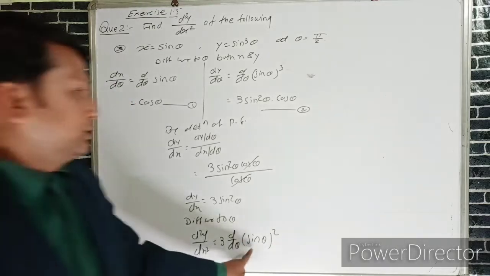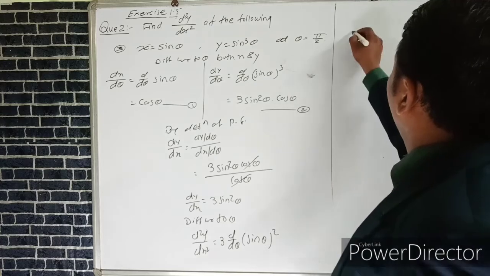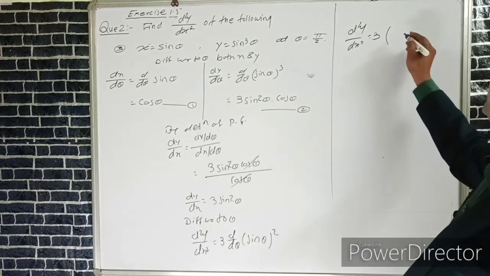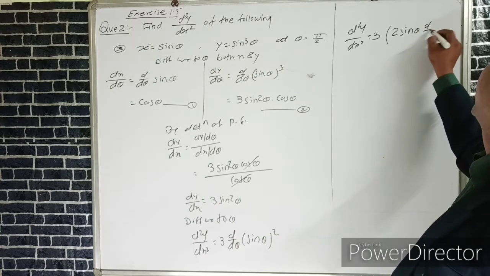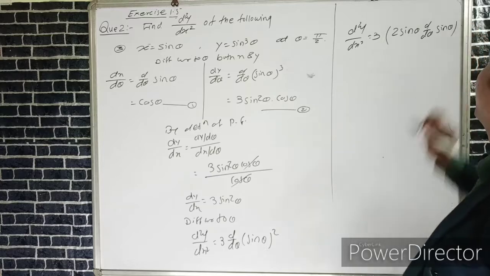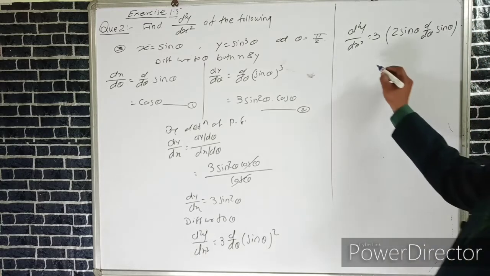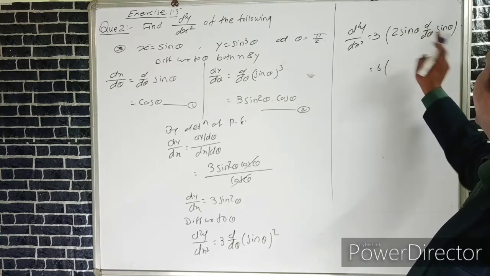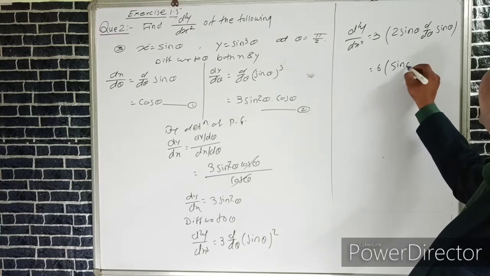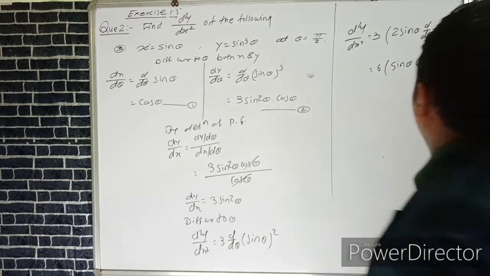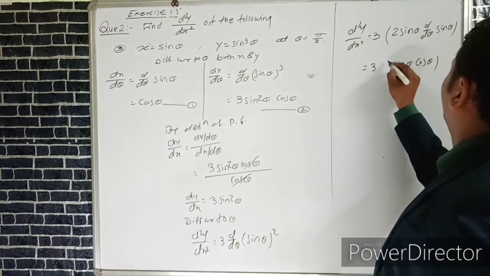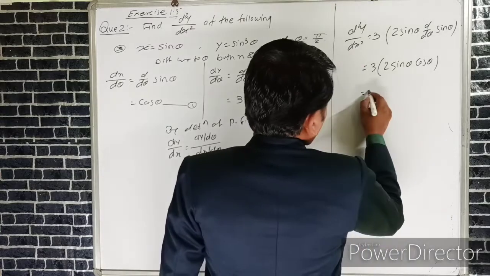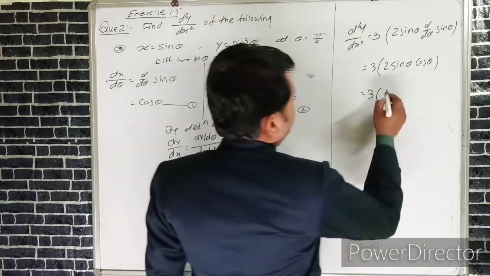By using the derivative of x raised to the power n, d2y upon dx square is equal to 3 into the derivative of sin square theta, which is 2 sin theta, and we take again the derivative of sin theta, which is cos theta. So 3 into 2 sin theta into cos theta. Here we know that 2 sin theta into cos theta is sin 2 theta.